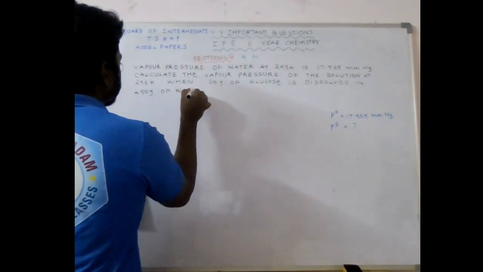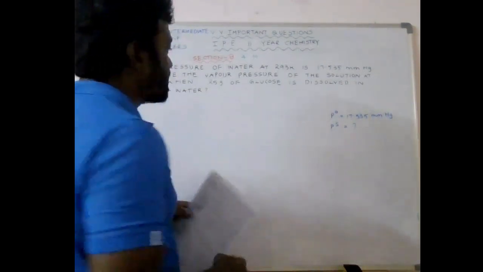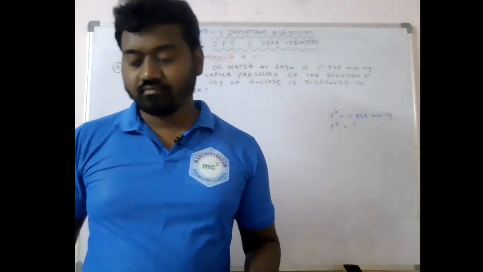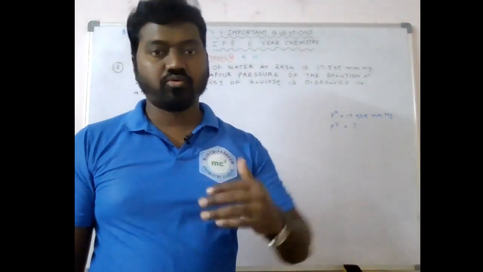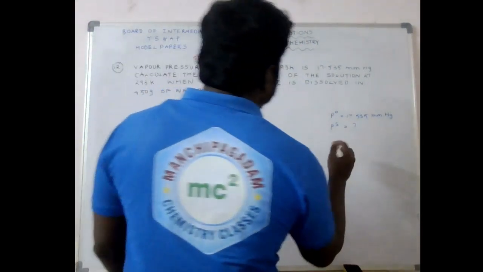So water is more amount. Water is in more amount, right? That is why water is taken as solvent. Correct? The glucose is in less amount, 25 grams only. That is taken as solute.